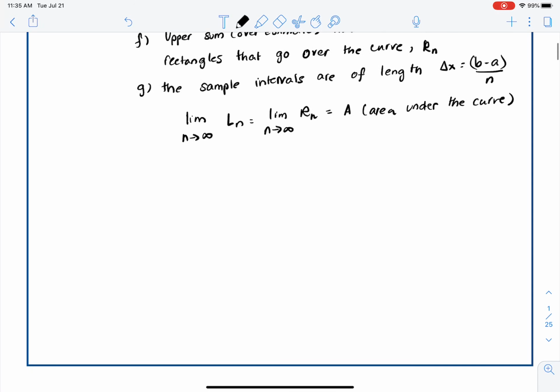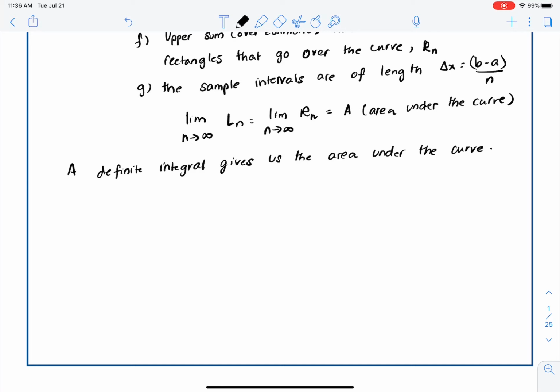So now we are going to define a definite integral. A definite integral gives us the area under the curve. So when we say it gives us the area under the curve, it gives us the exact area under the curve.